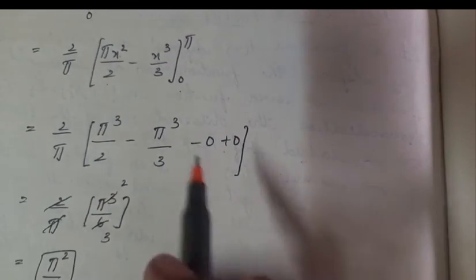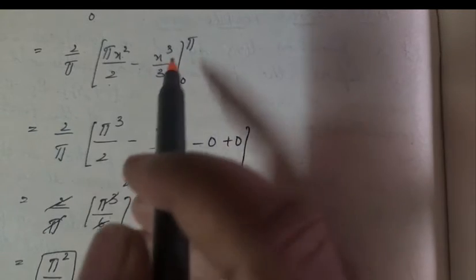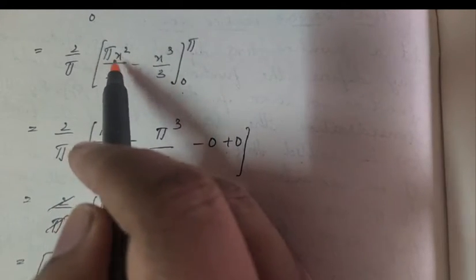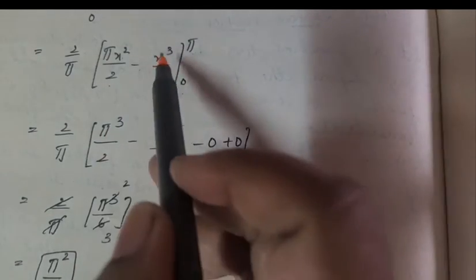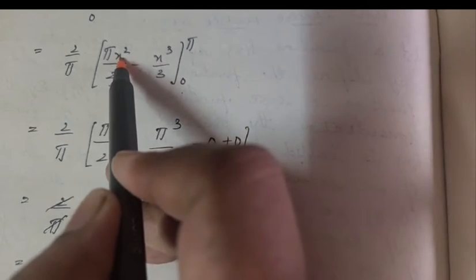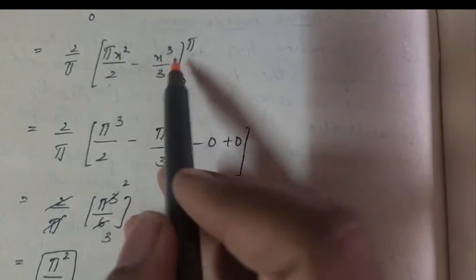So this is equal to 2 by pi of, substituting the upper limit, pi into pi square by 2, that is pi cube by 2, minus pi cube by 3, minus 0 into 0 plus 0.